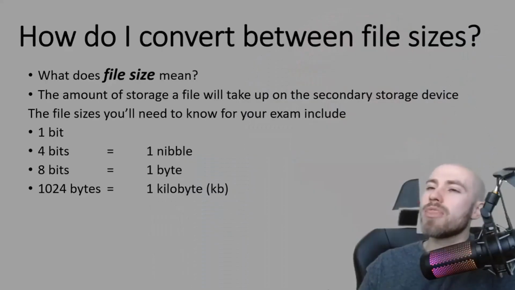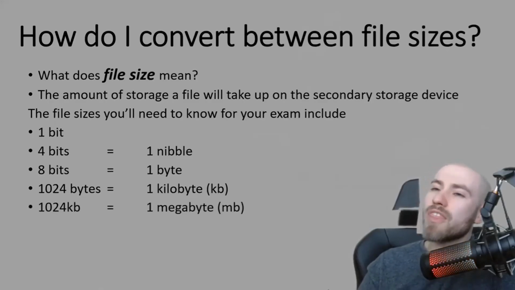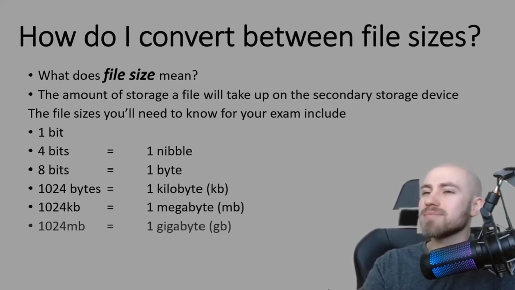Now, you are allowed to use a rounded version of that where you round it down to 1000, and that's much easier to deal with, and we're going to talk about that in a little bit. So 1000 bytes, or 1024 bytes to be precise, is 1 kilobyte. 1024 kilobytes is 1 megabyte. 1024 megabytes is 1 gigabyte.